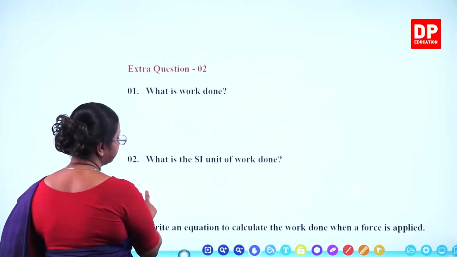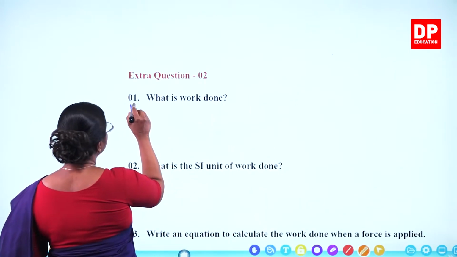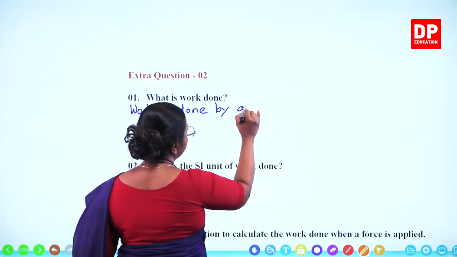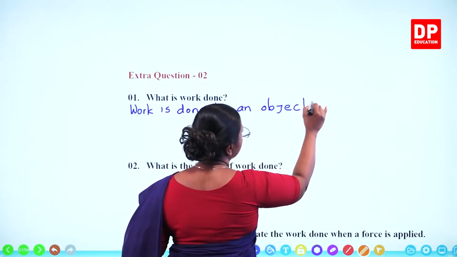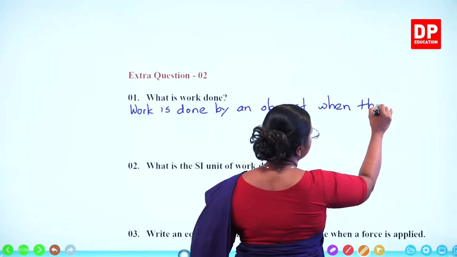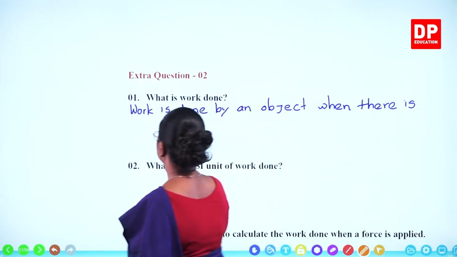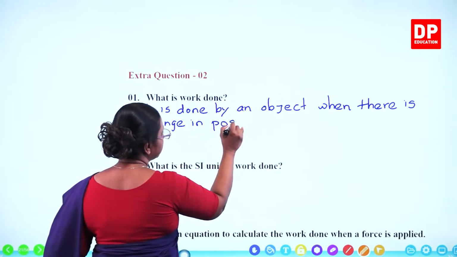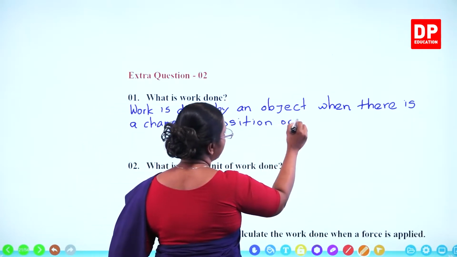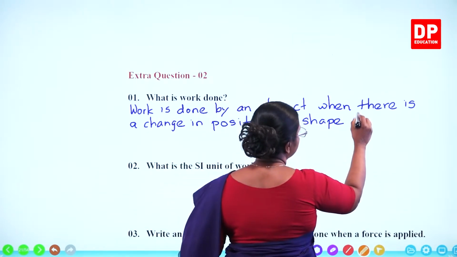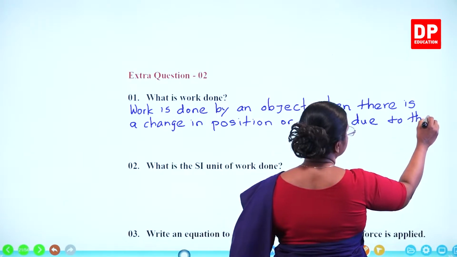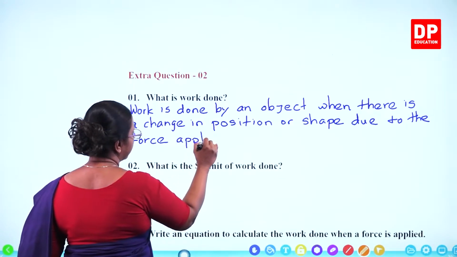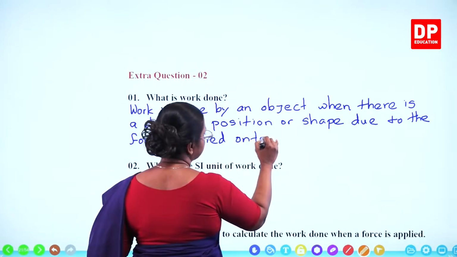So, here we can say, work is done by an object when there is a change in position or shape due to the force applied onto it.